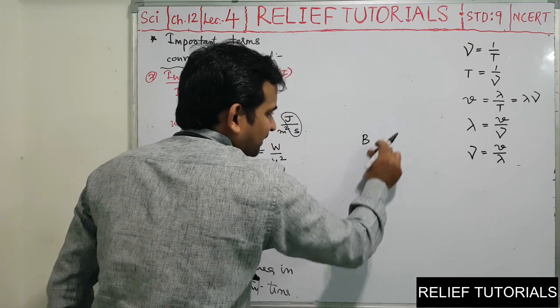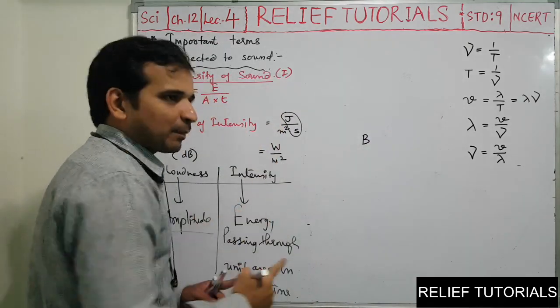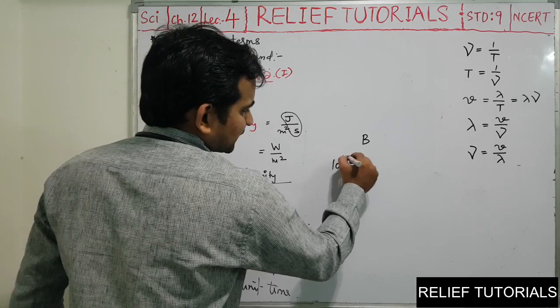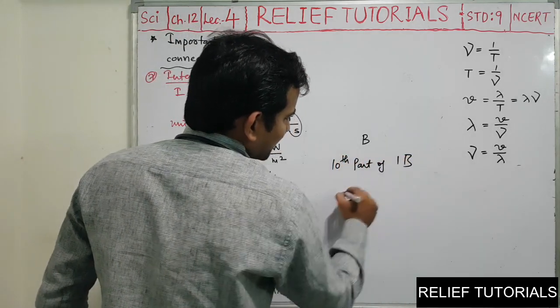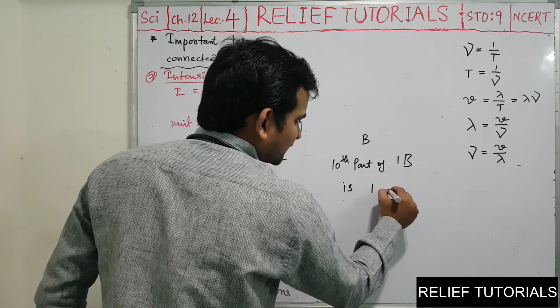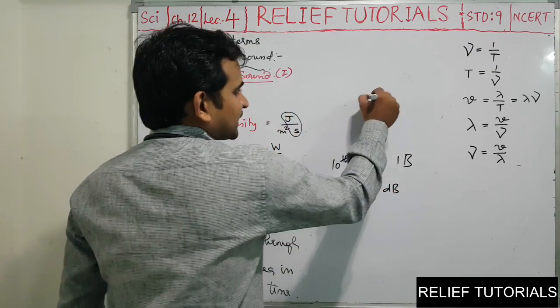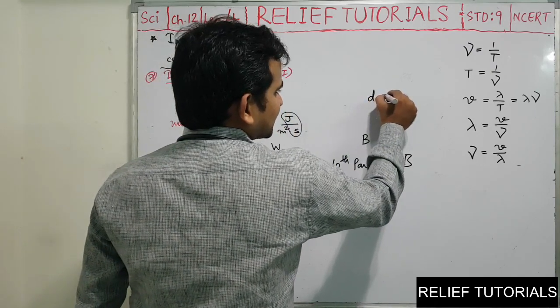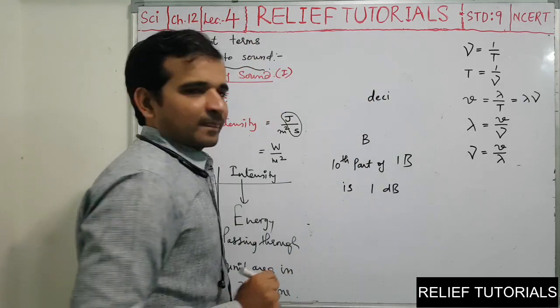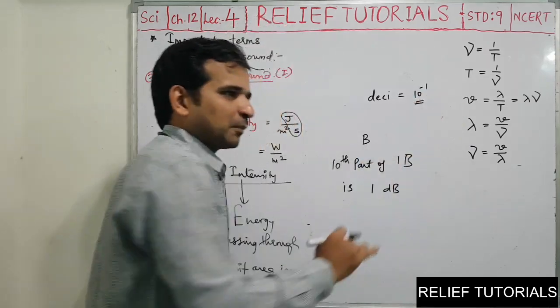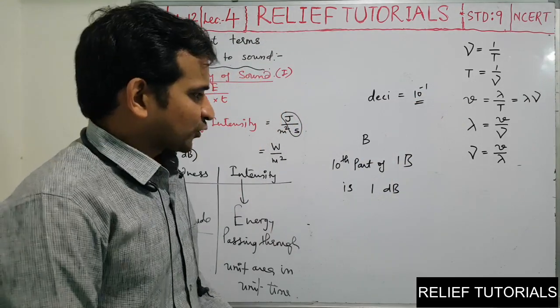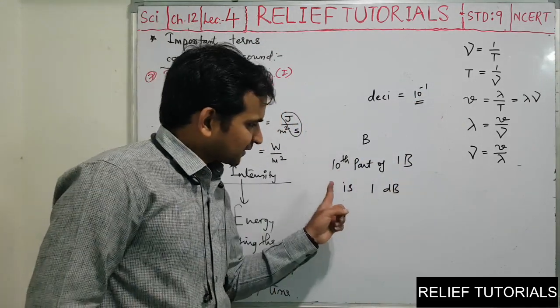It's simply B, bell. And the tenth part of one bell is called 1 decibel. Deci means 10 raised to minus 1, meaning the 10th part of anything. So the 10th part of one bell means 1 decibel.